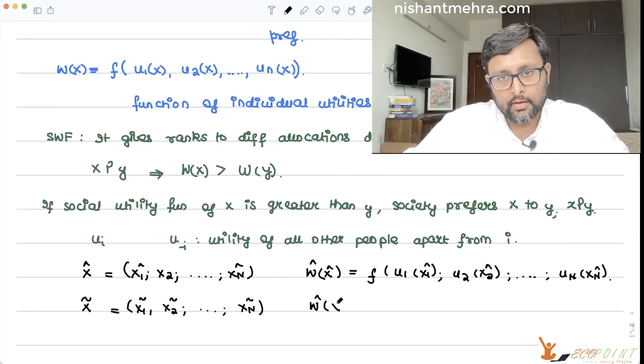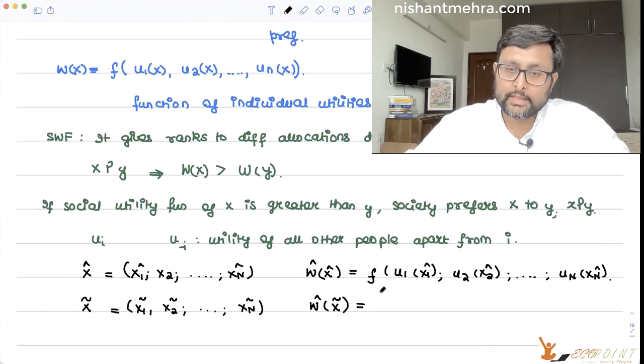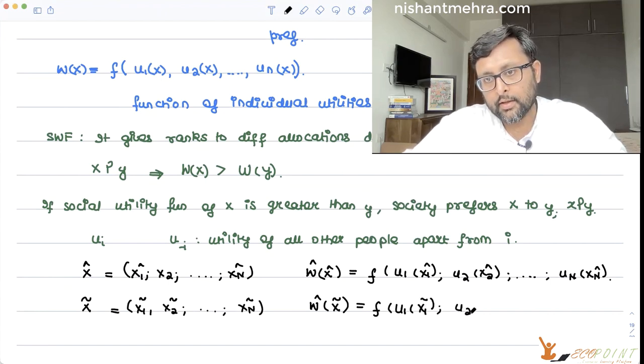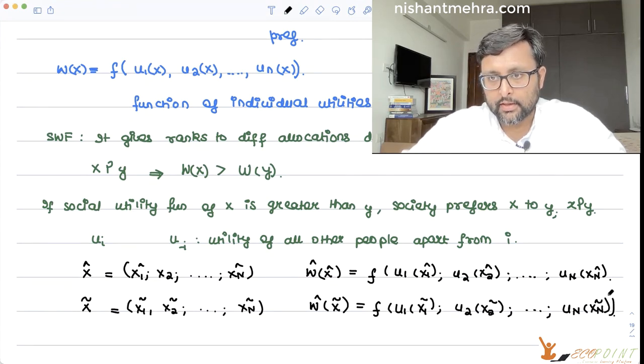Similarly, the social utility from X curl is the utility which individual 1 is getting from X curl, which individual 2 is getting from X curl, which individual n is getting from X curl.